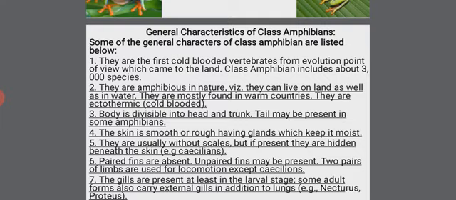This class includes about 3000 species, and these are amphibious in nature, that is, they can live on land as well as in water. They are usually found in greater numbers in warm countries, and they are ectothermic, that is, cold-blooded animals.